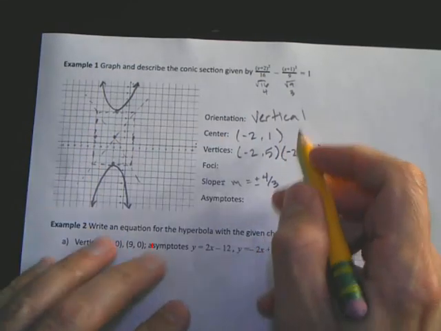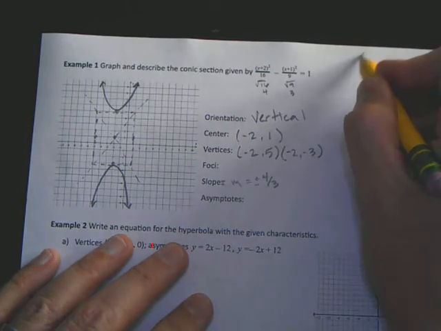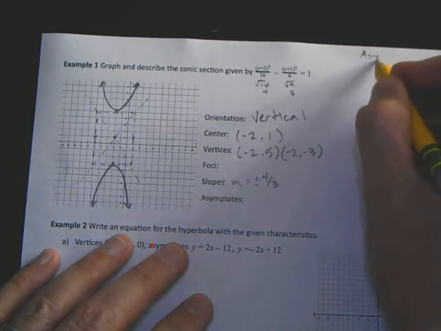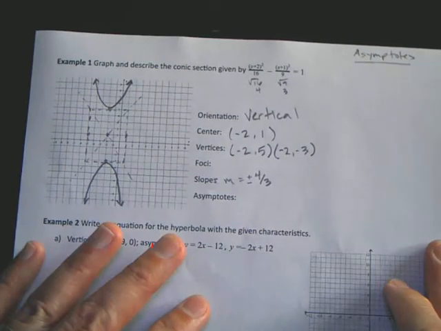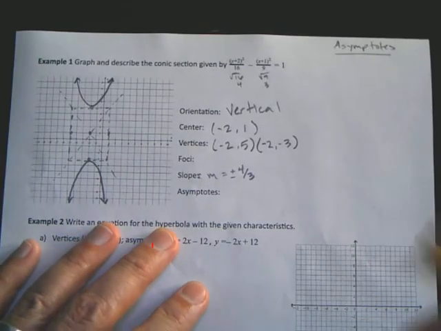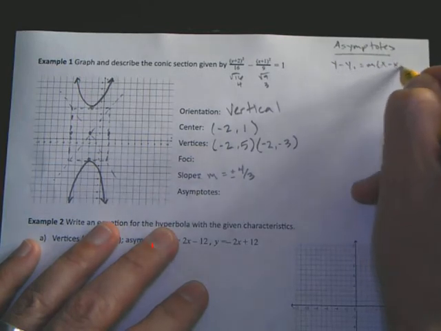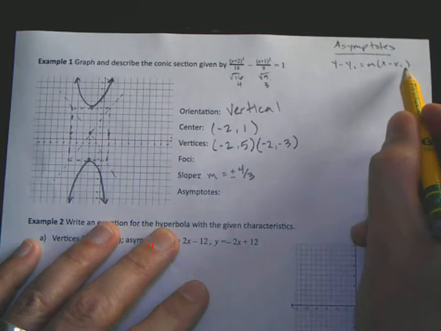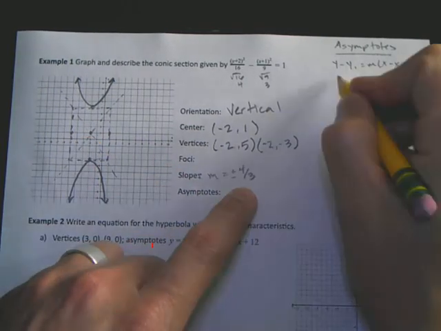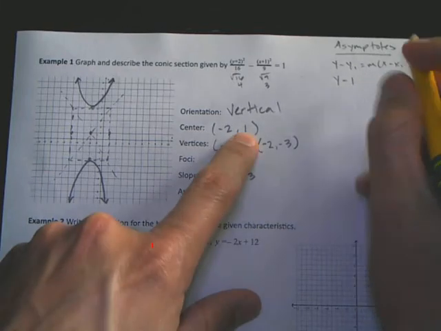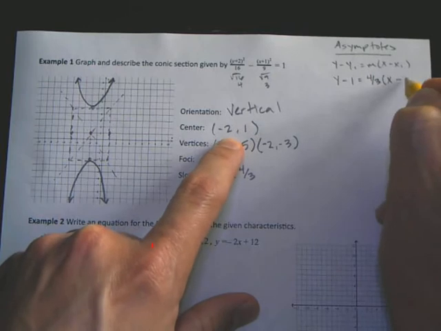So what we can do is use point-slope form, way back from Algebra 1. y minus y1 equals m times x minus x1, because y1 and x1 is the point that it goes through, that's our center, and m is our slope 4/3. y minus 1 from my center equals 4/3 times x minus -2. So I'm going to change that to a positive 2.